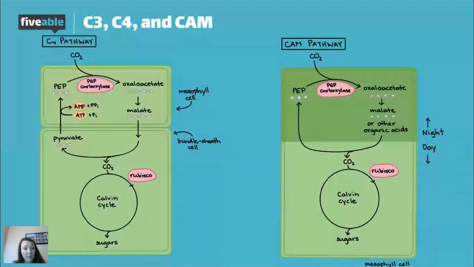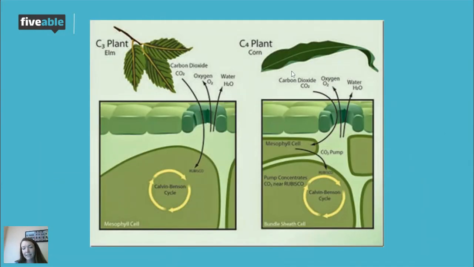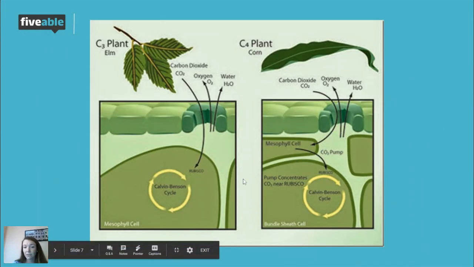With C4 plants, what you'll see is that they fix carbon in a different part of the cell than where they go through the Calvin cycle. That's so that they can close their stomata, pack them full of carbon dioxide, and fix that carbon. You can see it better in the next picture. Our carbon dioxide is coming in, and we can then close the stomata and fix the carbon here, and then go into the Calvin cycle down here, as opposed to in a C3 plant where we just keep these open, and that's where we're fixing carbon.